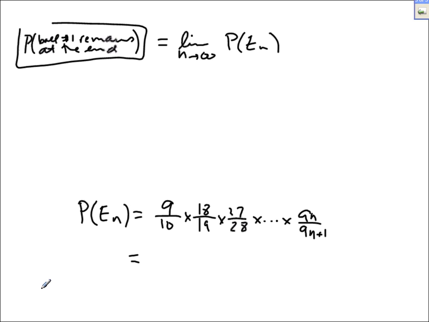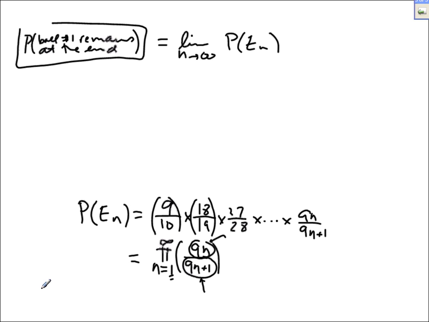Which in shorthand notation is the product of 9n over 9n plus 1 as n goes from 1 to infinity. If n is 1, this is 9 over 10. Got it. If n is 2, 9 times 2 is 18. 1 more is 19. That's this one.